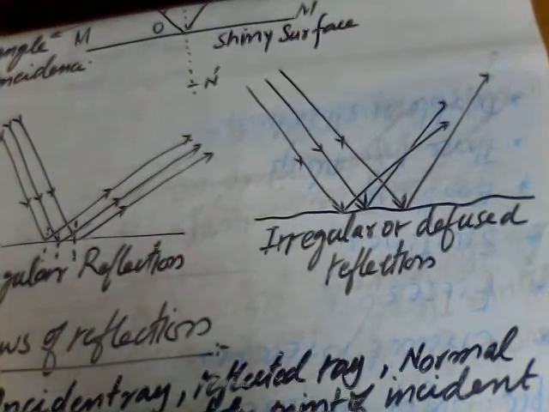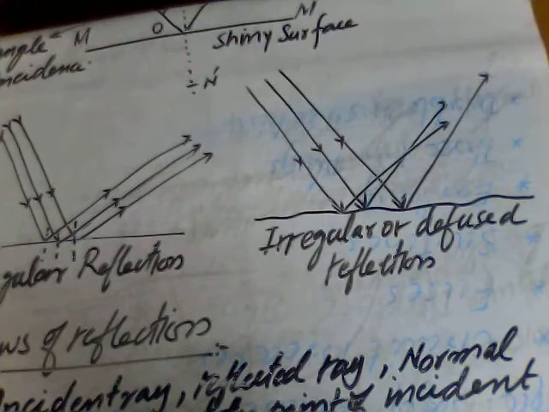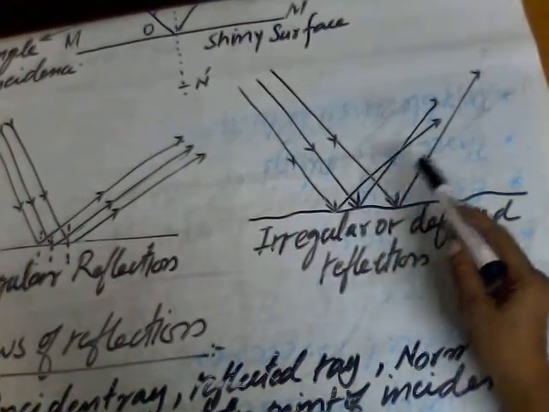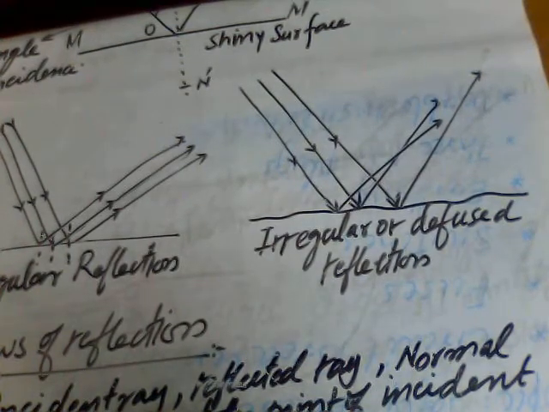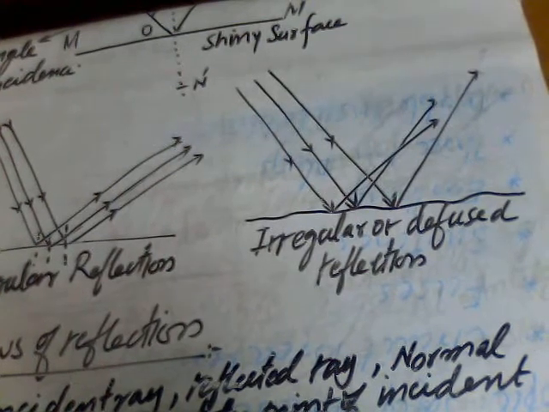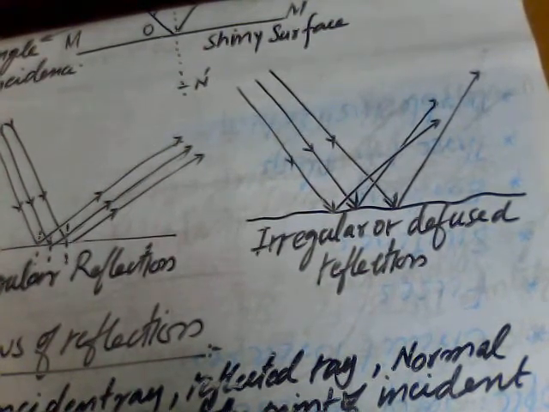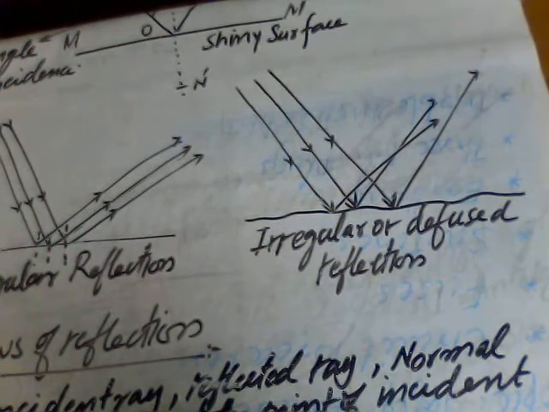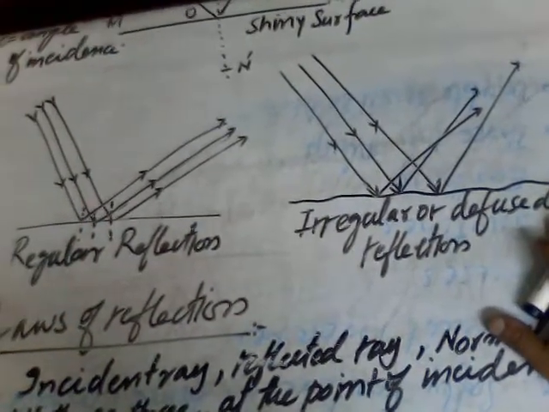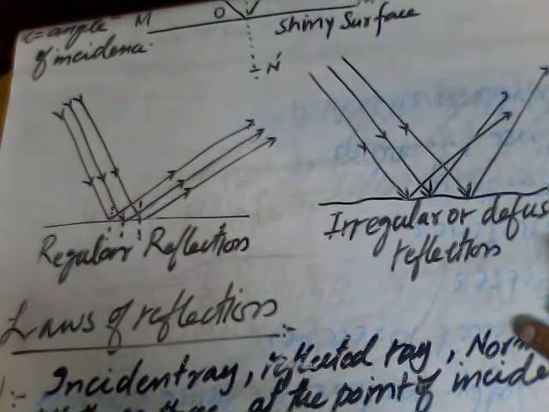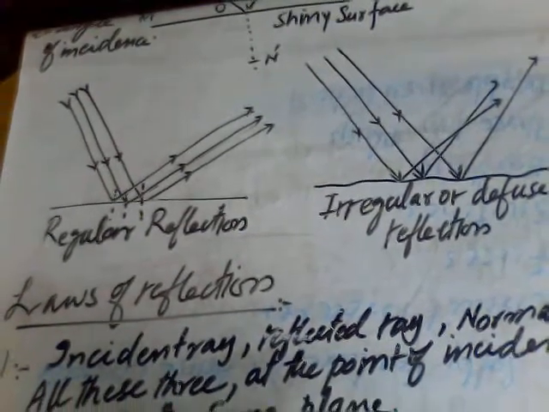So when the light rays strike irregular surfaces, that surface may be polished, shiny, but irregular. The light rays strike and are reflected back in different ways. Such a reflection is called irregular or diffused reflection. Now, we will study the third important thing, that is the laws of reflection.